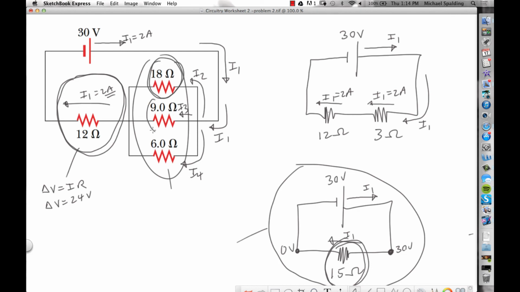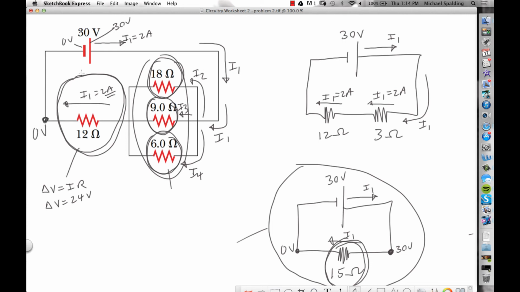Okay, how do we figure out the voltages across these guys, the 18, the 9, and the 6? Now look, guys, you could actually figure it out from this diagram. 30-volt battery, 0 and 30, right? So over here we got 0.